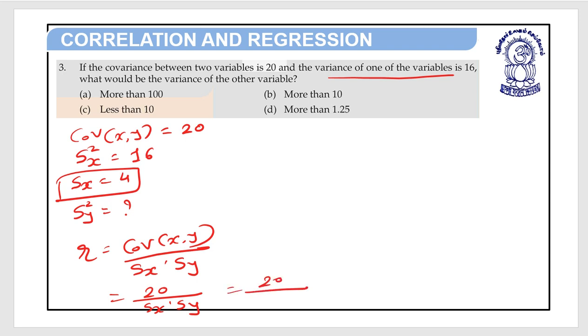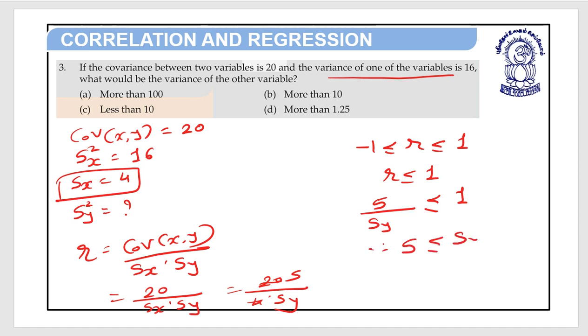So 20 upon sx value is 4 into sy. 4 5s are 20. So minus 1 less than or equal to r less than or equal to 1. Here r less than or equal to 1, 5 upon sy less than or equal to 1.